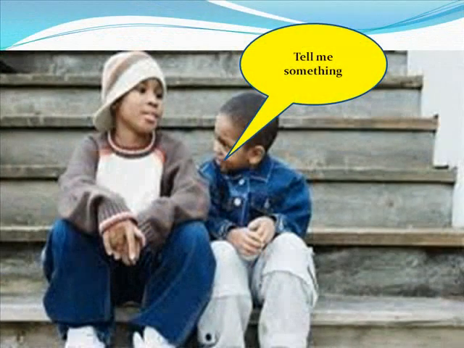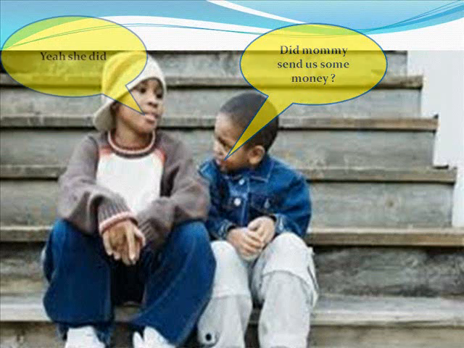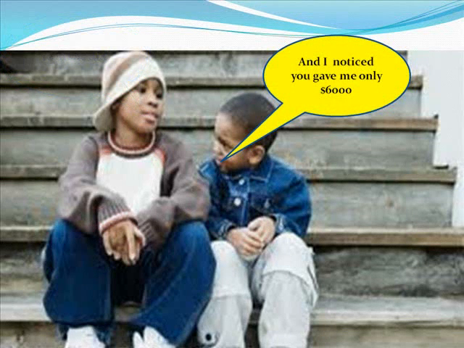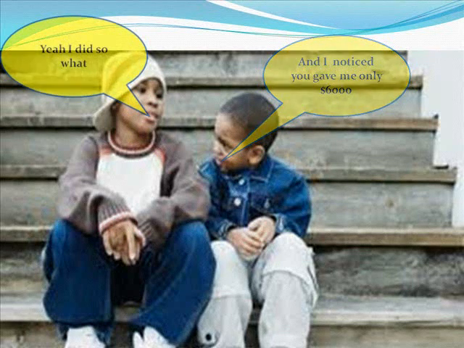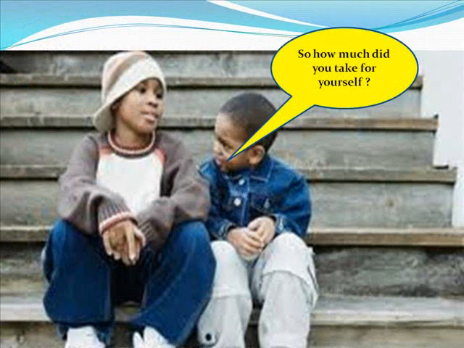Tell me something. Did Mommy send us some money? Yes, she did. And I noticed you gave me only $6,000. Yeah, I did. So what? So, how much did you take for yourself?